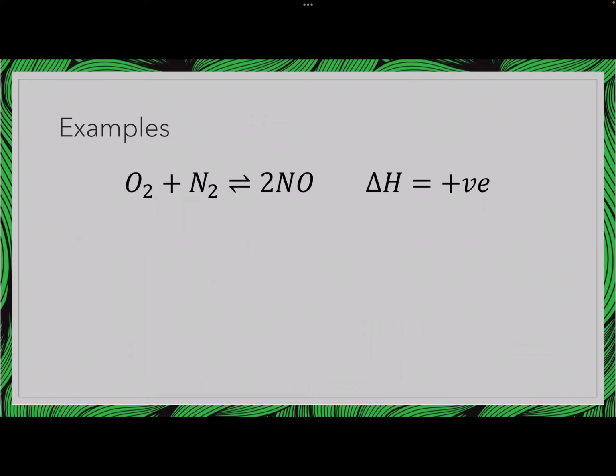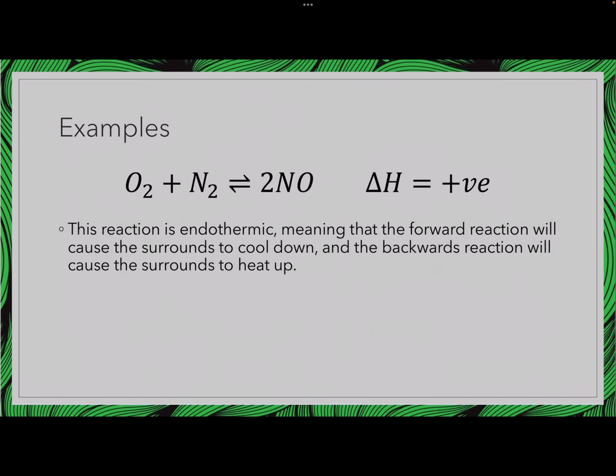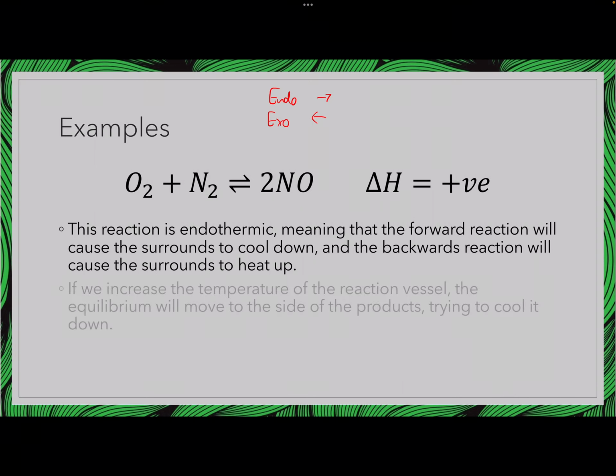Here we've got another example. Oxygen plus nitrogen is in equilibrium with 2 NO, so nitrogen monoxide. The delta H here is positive, so it means it's endothermic. So we have endothermic in the forward reaction, exothermic in the reverse reaction. So the reaction is endothermic, meaning that the forward reaction will cause the surroundings to cool down, and the backwards reaction will cause the surroundings to heat up.